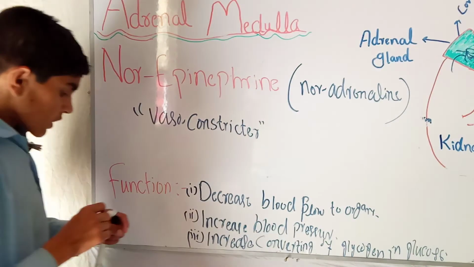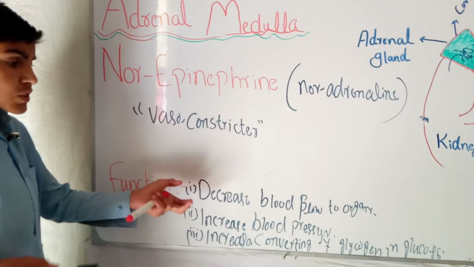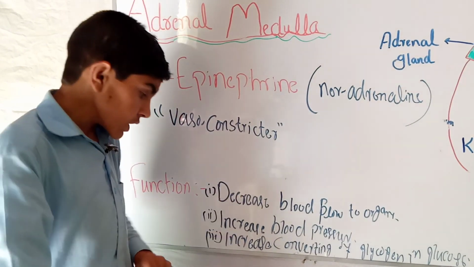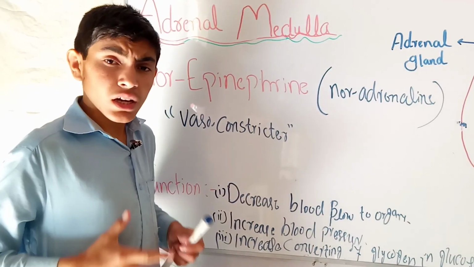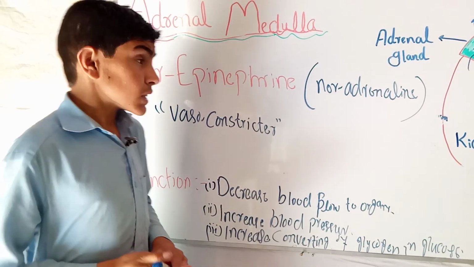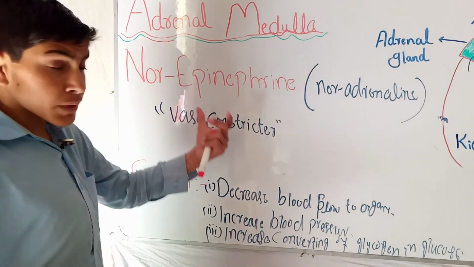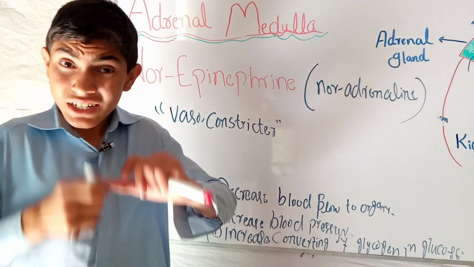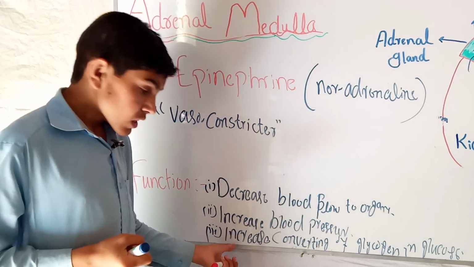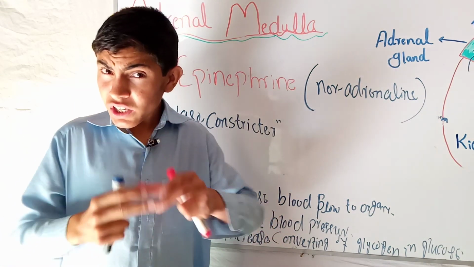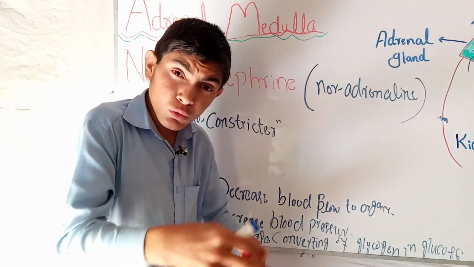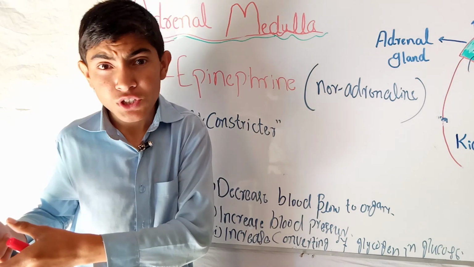So this hormone decreases the blood flow to various organs. It increases your blood pressure. It increases the converting of glycogen to glucose. But epinephrine and norepinephrine are a little similar. There are same points: both hormones increase the converting of glycogen to glucose. Both hormones increase the blood pressure.